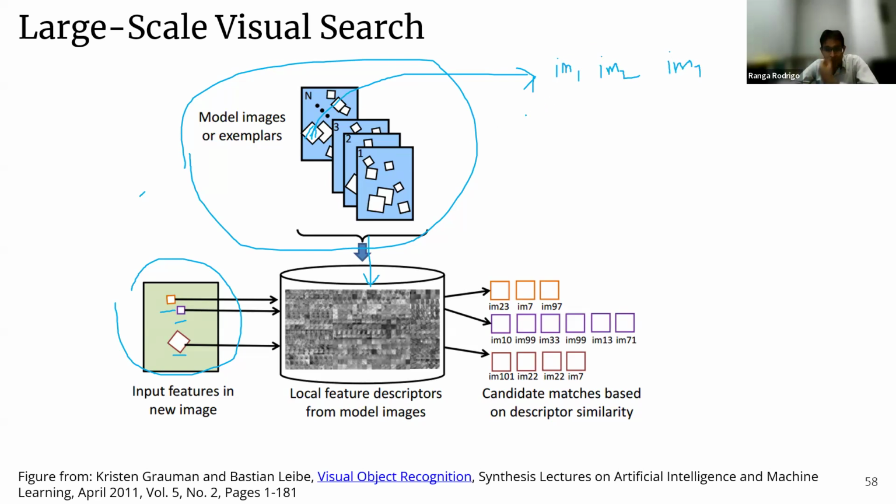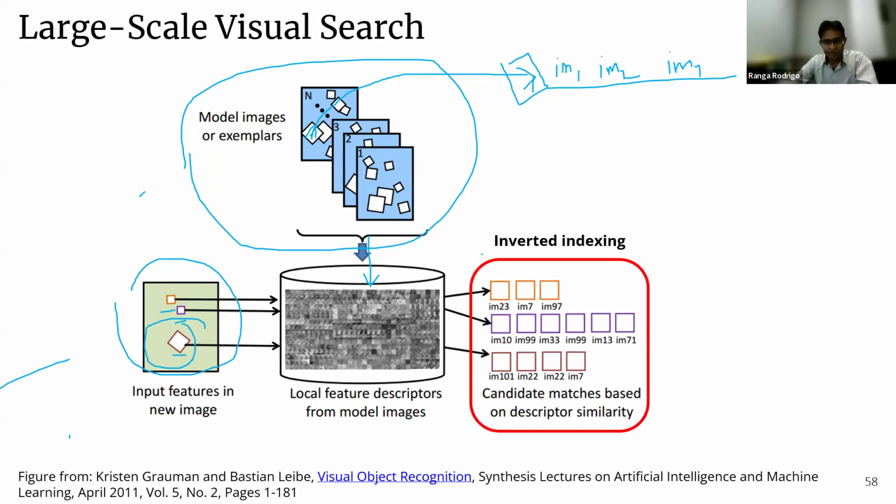They did not store, for image 1, what all the descriptors are. They stored, for that descriptor, what the images are. Now you can see it's an inverted dictionary. So therefore you can query that dictionary with features. That's the thing about quickly retrieving those images. So this is called inverted indexing. I hope you understand the value of inverted indexing.